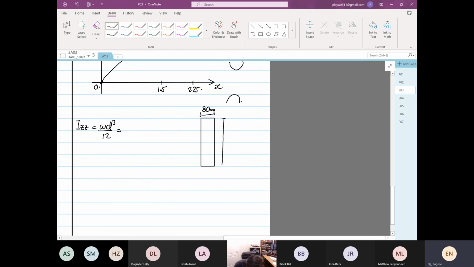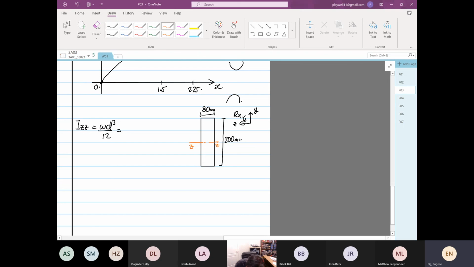This is our 300 millimeters. And if you draw our transformation, this is y, z, this is rotation about x. So we're going to find IZZ. This is our ZZ axis.